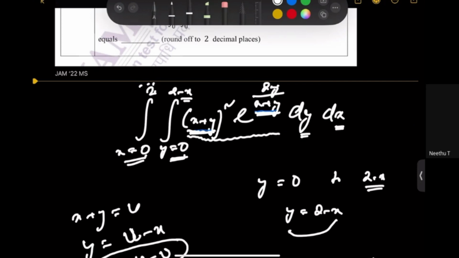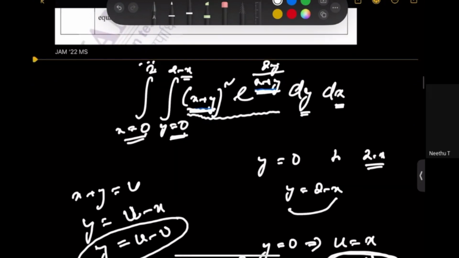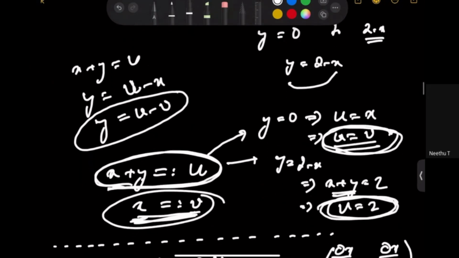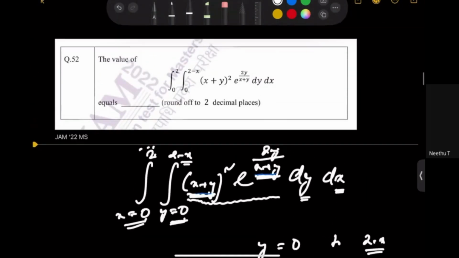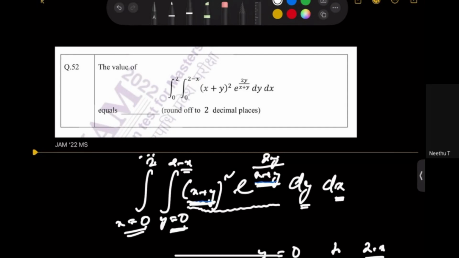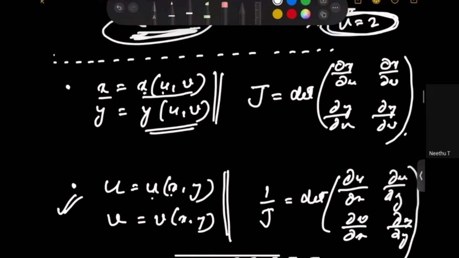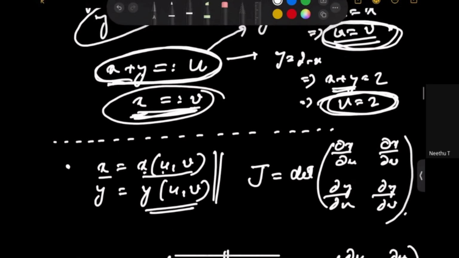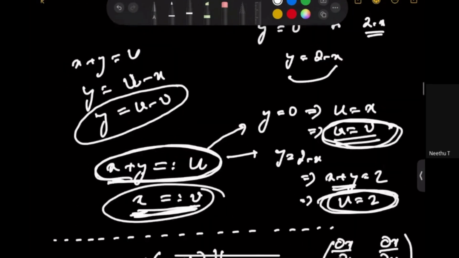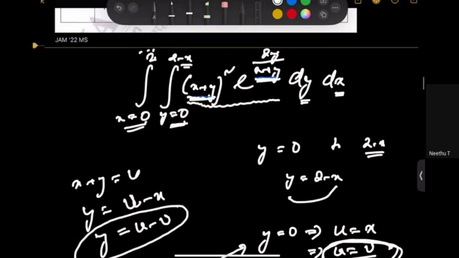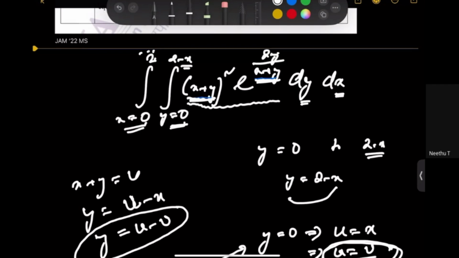Sir, why don't we replace dy dx with u minus v dv, in the next step, where we change the integral?